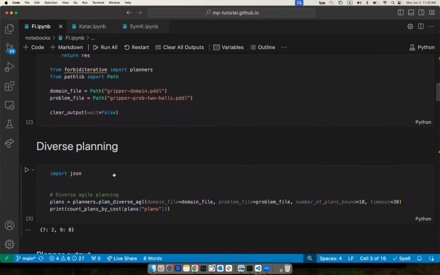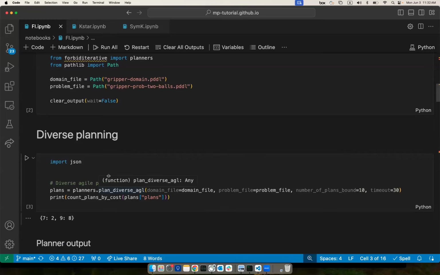And if you look here now, you see how to use diverse planning. You call the package, the Forbid-Iterative planner, and you just call plan diverse agile, I think it's called, and you put in the domain file, the problem file, and here the number of plan bound is 10 and a timeout of 30.